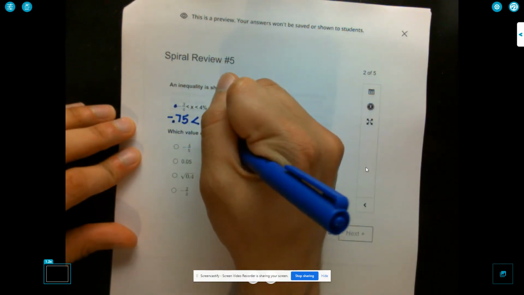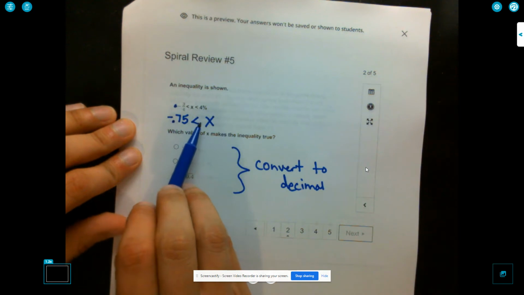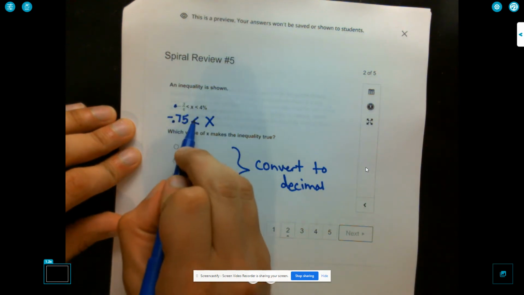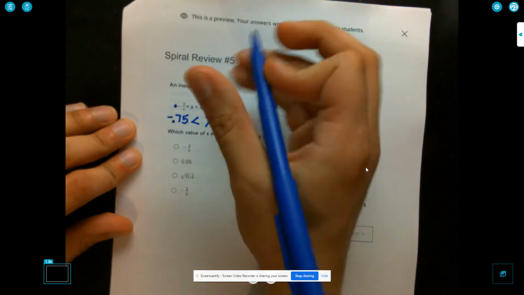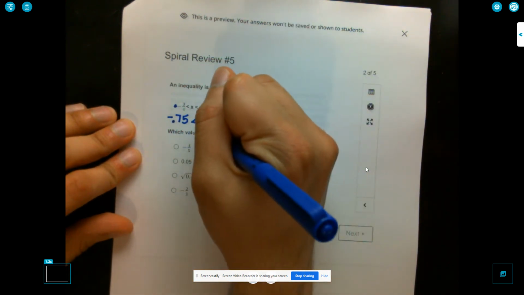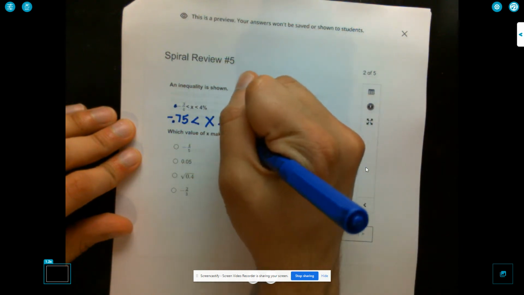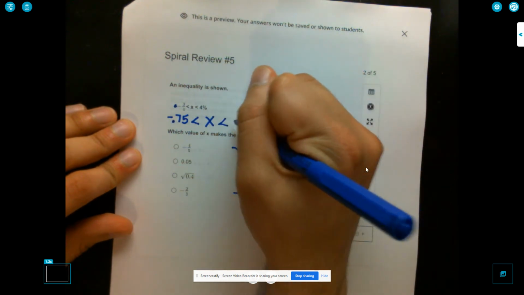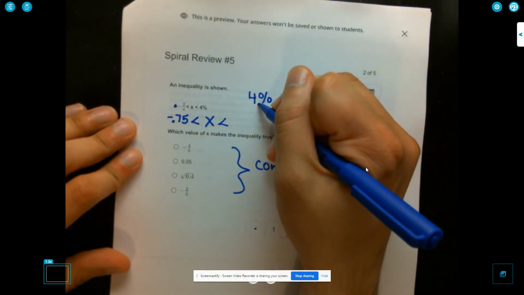So we want a number that is greater than. So remember the alligator, the number that it wants to eat is largest. So this indicates that it wants to be larger than -0.75, this x, this variable, but less than 4%, which remember, for a percentage, you move 2 decimals.